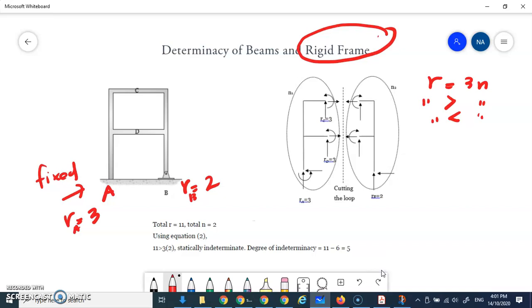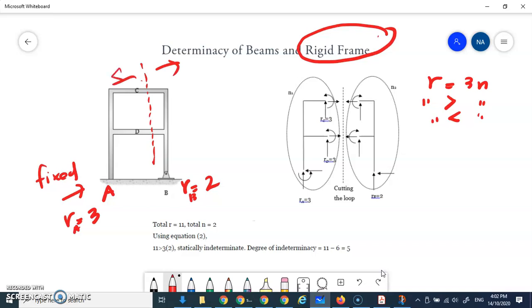Okay, but for the rigid frame, kita kena pecahkan kepada 2 parts. Depends on the, kalau ini hanya ada 2 bahagian je lah nak pecahkan. Kat sini, dekat sini dan juga D. So dia akan jadi this part and this part.